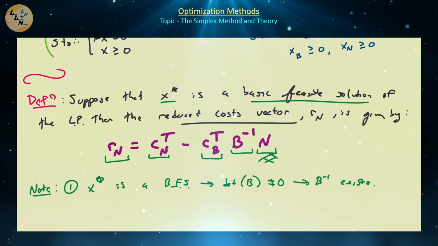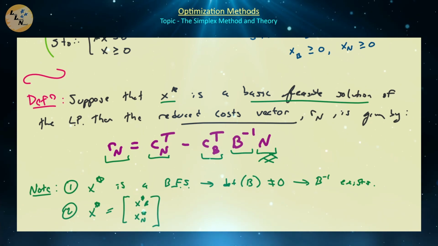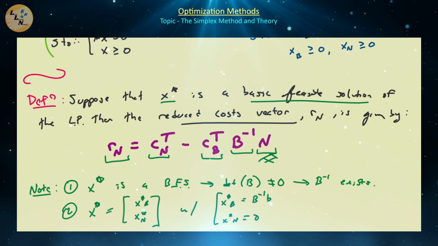But another thing that you should maybe think about is, if x star is partitioned into, for example, our associated basic variables x star B and our associated non-basic variables x star N, then you can also show that x star B will be equal to B inverse b, and also x star N will be equal to 0, where 0 is the associated zero vector. Right? So those are just some of the basic observations that one could easily make.